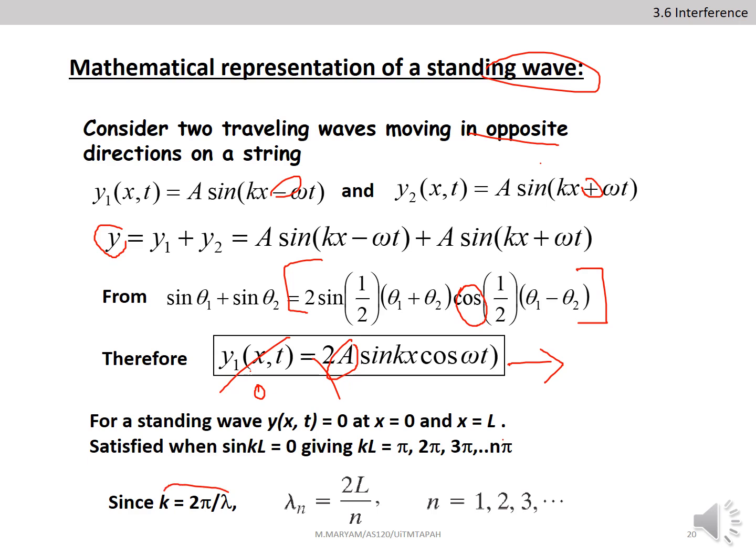Since we know that k equals 2π over λ, from the previous chapter we know that λn equals 2L divided by n, where n is the integer 1, 2, 3, and so on. So remember, this is the equation of the standing wave.